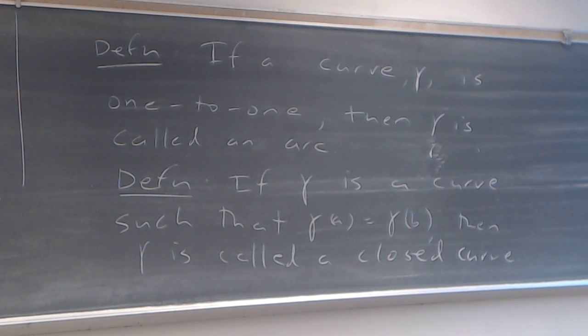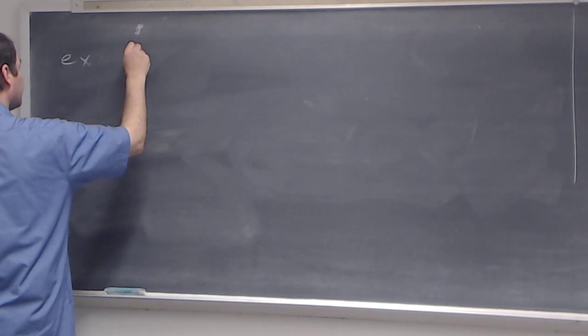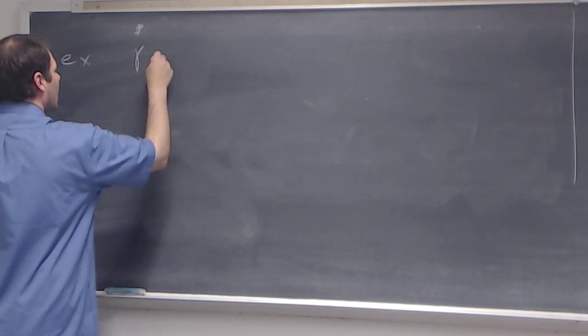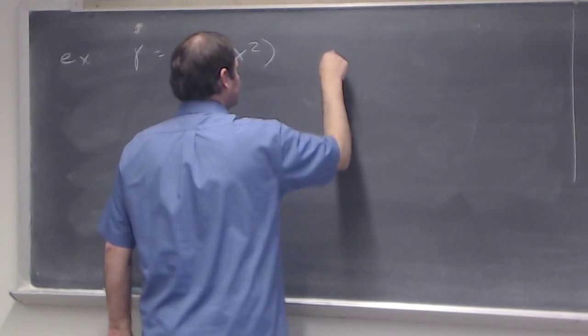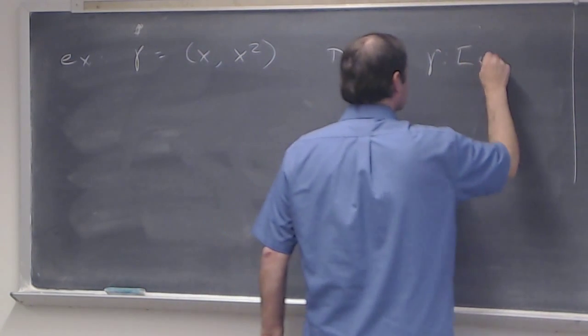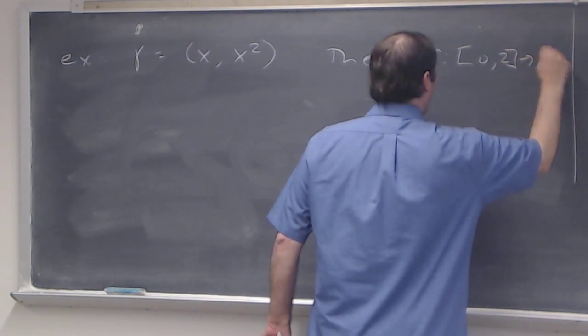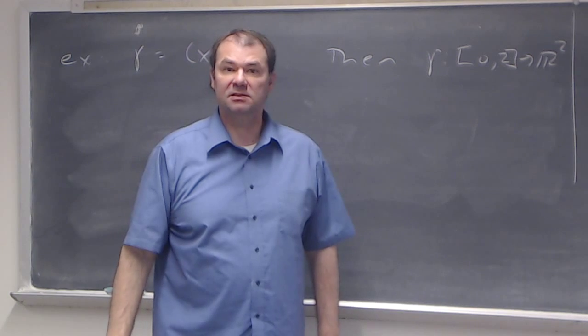I'd like to look at two examples. So if we define gamma equal to, let's say, x and x squared, then gamma, we could say, maps 0 to 2 into R2, and we can think of R2 as like our complex plane.